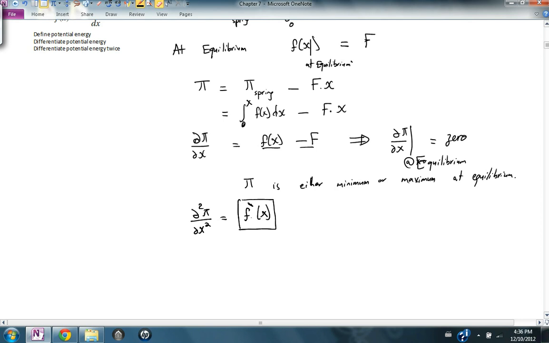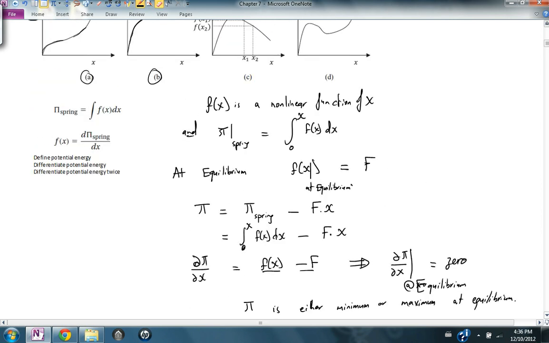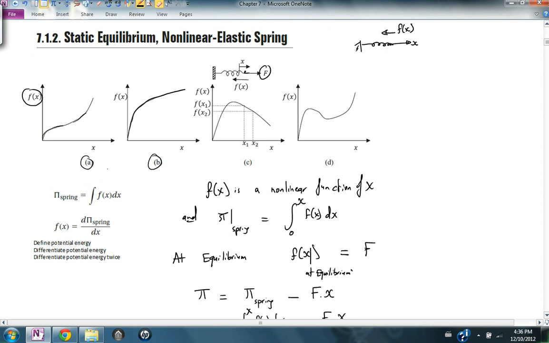So let's go back to the nonlinear springs that we looked at. For the first two, f prime of x, which is the slope of f of x, is always positive, which means both these two curves represent springs that when they reach equilibrium, the potential energy is minimum.